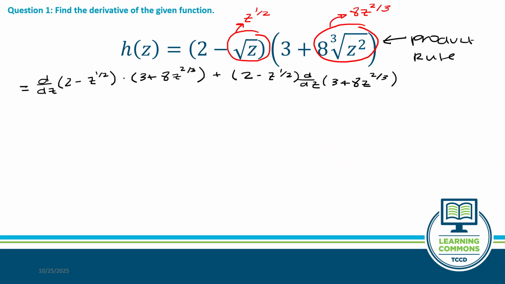I know you guys already know how to do this, so I'm going to make it really quick because I don't want to waste too much of your time. 1/2 times, and then that's going to be 16/3 z to the -1/3.